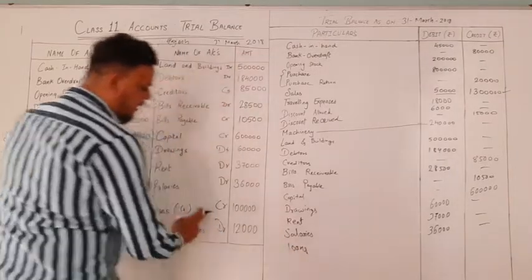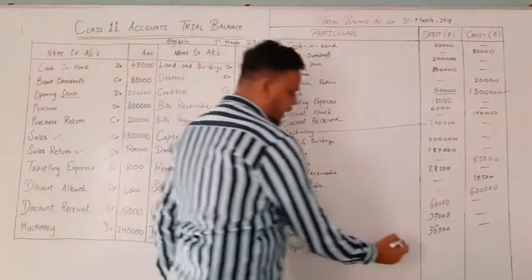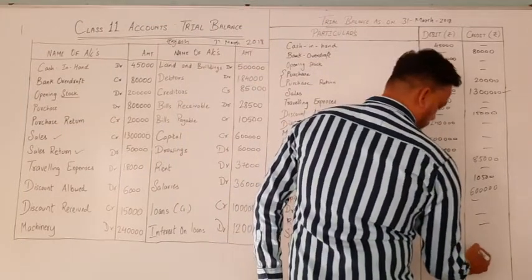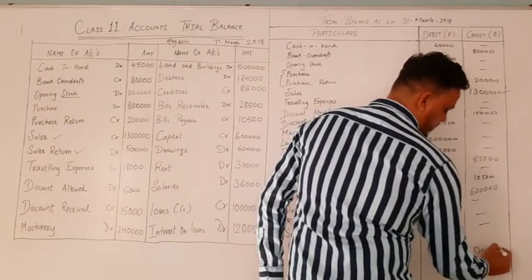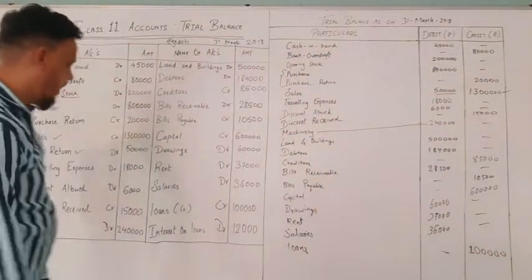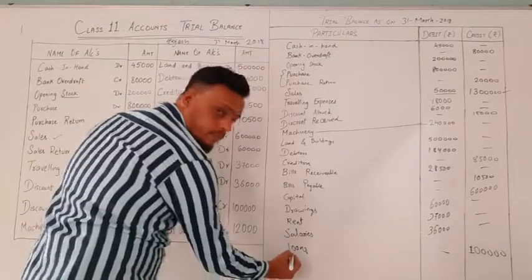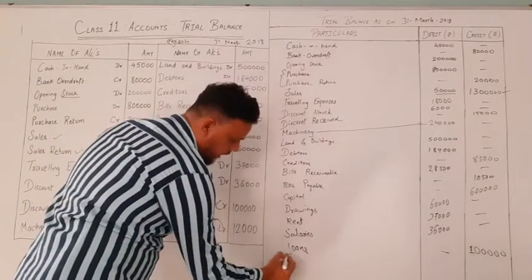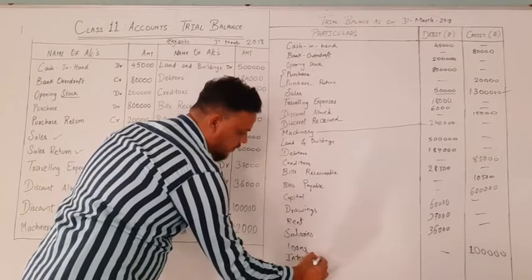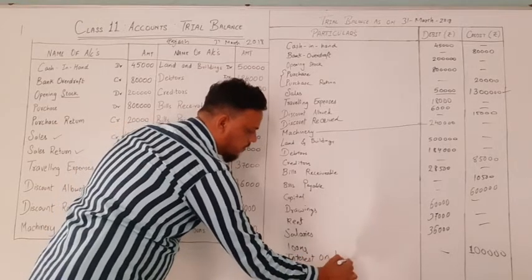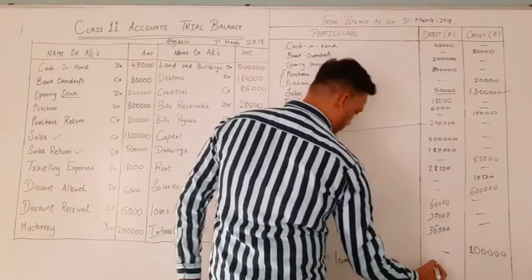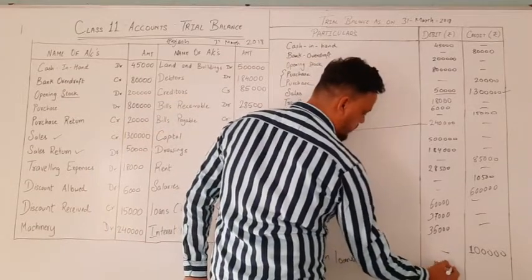It has already been mentioned on credit, that's why we have to write it on the credit side as 1 lakh rupees. Last is interest on loan. I hope you are seeing this. The amount will be on the debit side as 12,000.